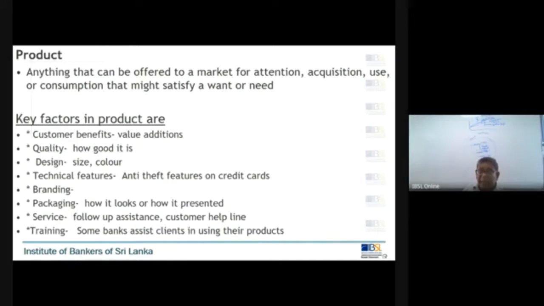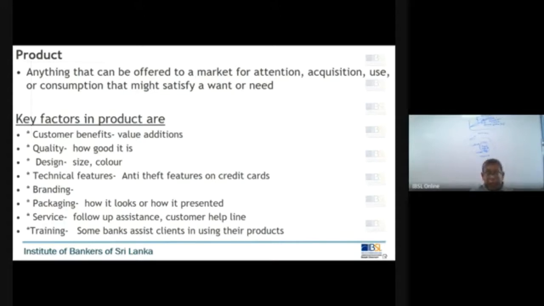We're going to take the first element in the marketing mix, that is product. You remember product, where we learned about the core concept of marketing. Product provides the solution to the customer's problem.